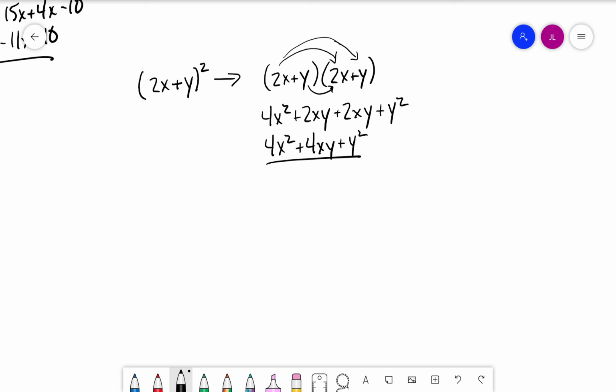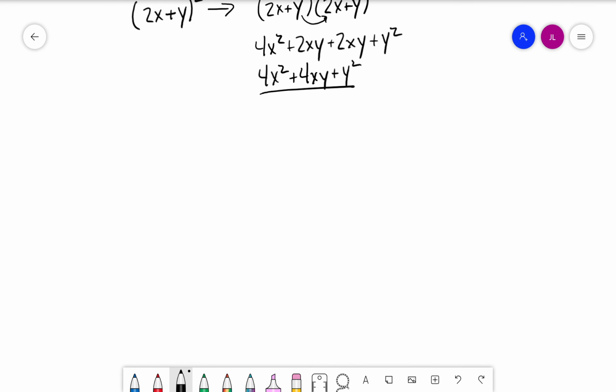Now, last one I want to look at is where we have a monomial and we're multiplying, actually a binomial, we're multiplying by a trinomial. So in this case, we might have x plus 2 multiplied by 3x squared minus 2x plus 7.